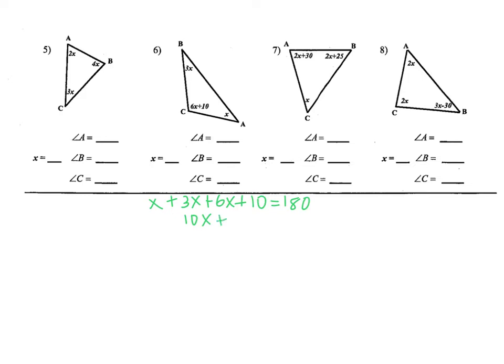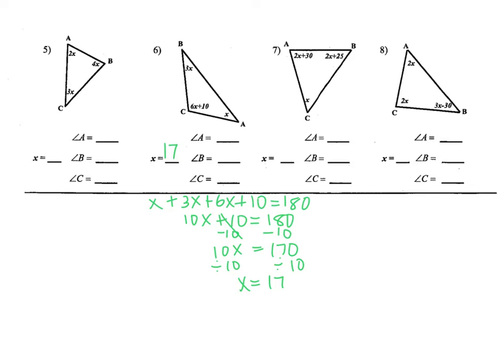So we have 10x plus 10 equals 180. Subtract your 10 from both sides. So we are left with 10x equals 170. And then when I divide by 10, 170 divided by 10 is going to give us x equals 17.